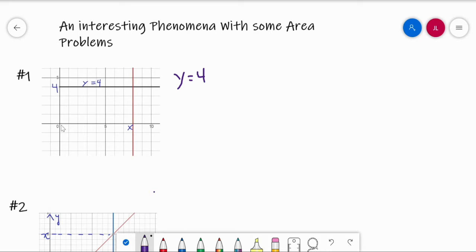So this is a rectangle that could be very skinny over here, or it could be way out closer to infinity. But we're just going to call this point x. And remember, the area of a rectangle is the base times the height. So the base is x, whatever distance x is, and the height is 4. So the area is just 4x. Simple, right? Nothing confusing about this.